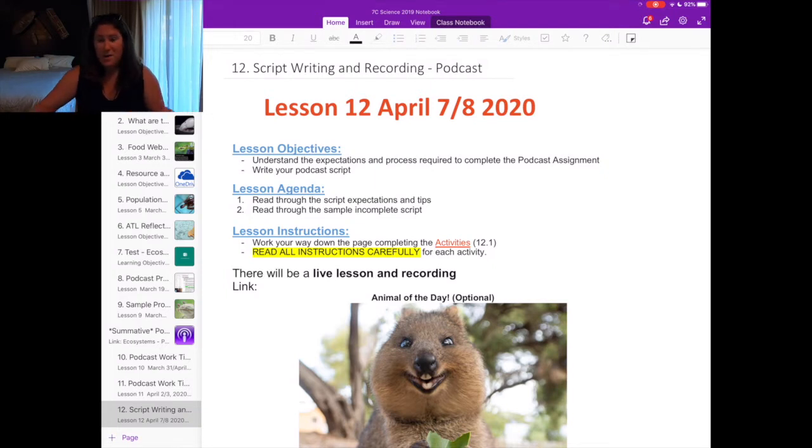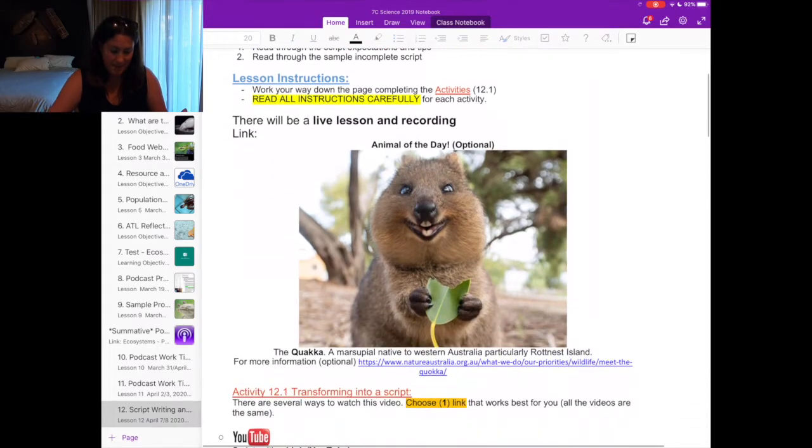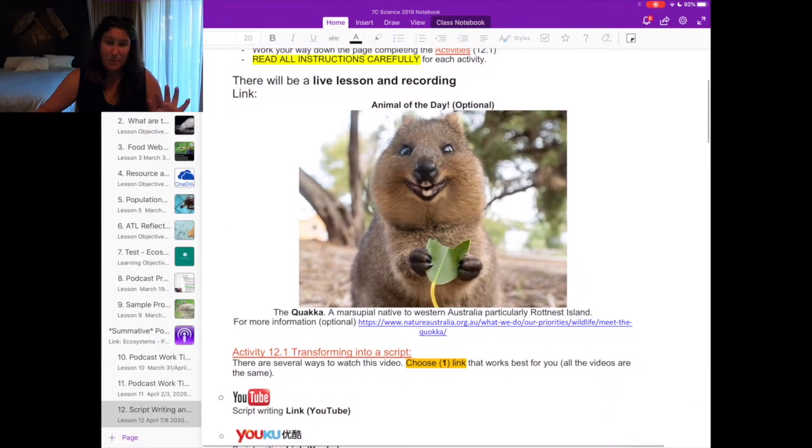So in OneNote, in your content library, Unit 3 Ecosystems, Lesson 12, make sure you're refreshing your notebook. This is kind of the tips and tricks for writing your podcast. The animal of the day is the quokka, native to Australia. It's a marsupial.